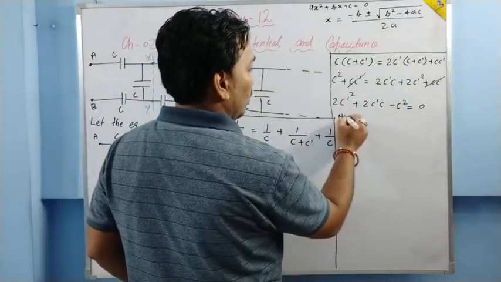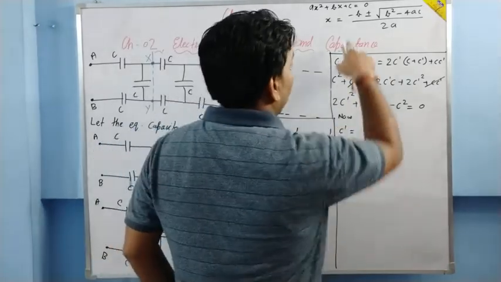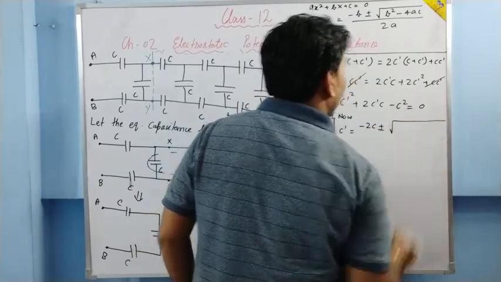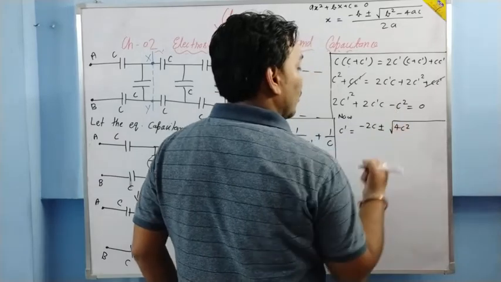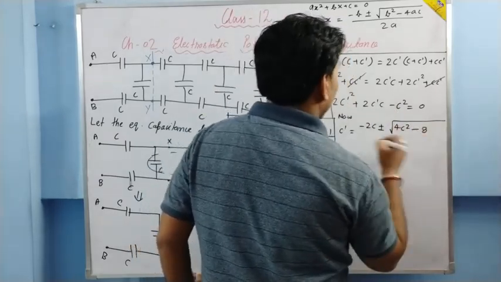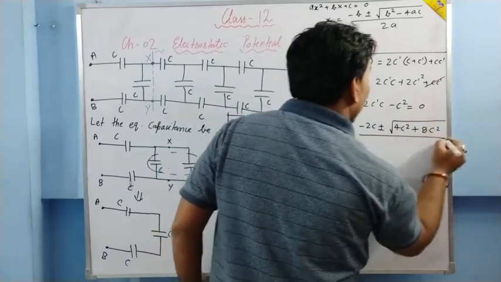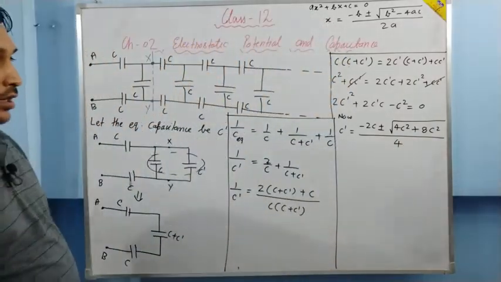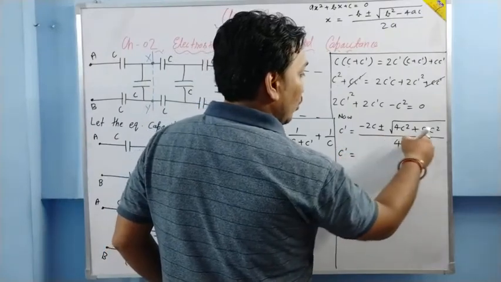Now C dash will be minus b, minus 2c, plus minus under root b square, which is 4c square, 2c square is 4c square, minus 4ac, 4 times 2 is 8, c square, and it is a negative sign, so it will become plus, upon 2a, which will become 4. Now we can take 2 common from here.